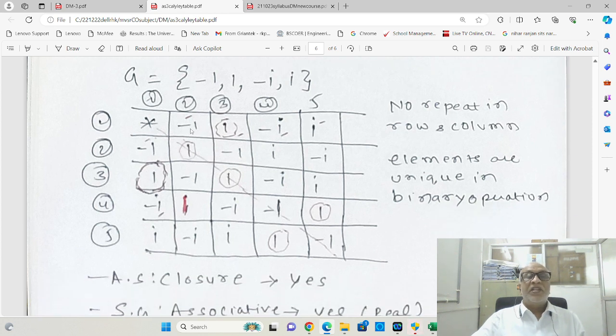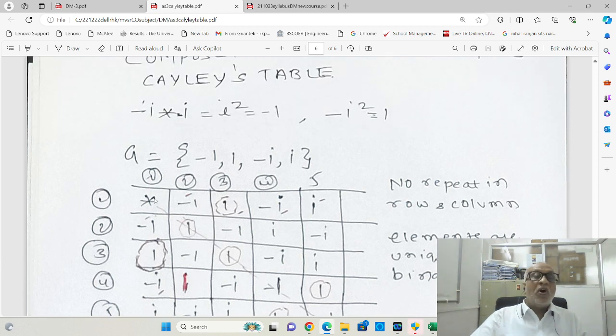So now this becomes a grid, kind of a matrix, wherein we have to fill in 16 elements. How do I go about this? I just need to check what operation is mentioned in the Cayley's table. The operation is a binary operation, and it is the multiplication operation.